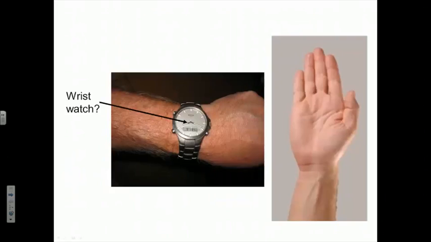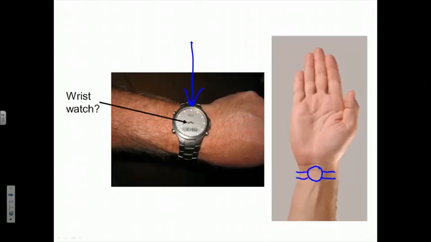Then, a basic question that I ask my first-year medical students when I first meet them, and we're talking about anatomic parts, is I ask them, is this item that's depicted in the picture on the left really a wristwatch? Well, everyone, of course, says, yes, it's a wristwatch, but the problem I have with that is, artwork notwithstanding, you're actually wearing that watch on your forearm.